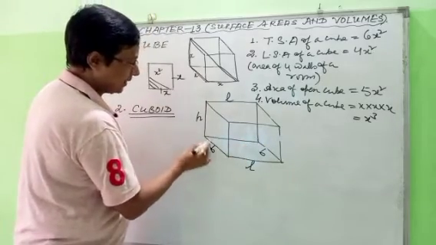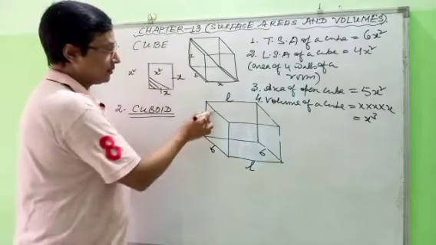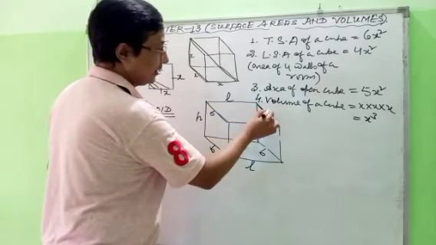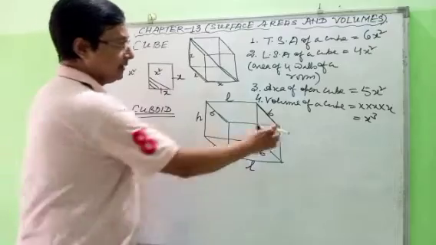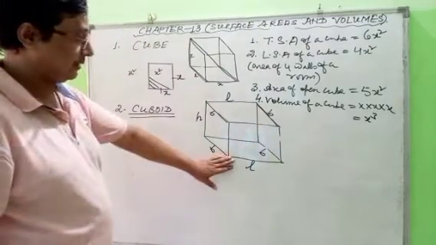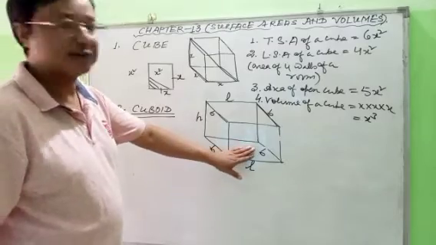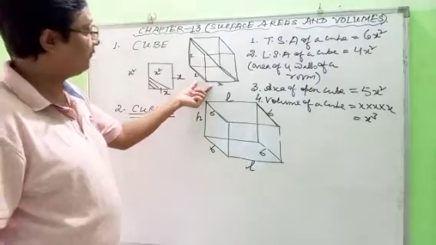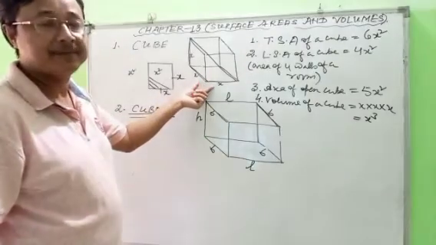This is also breadth, this one and then this one. They are the breadth. And these are the heights. Now this is the cuboid. Here the length and height are not the same. But in the case of a cube, you have found the edges are all equal.